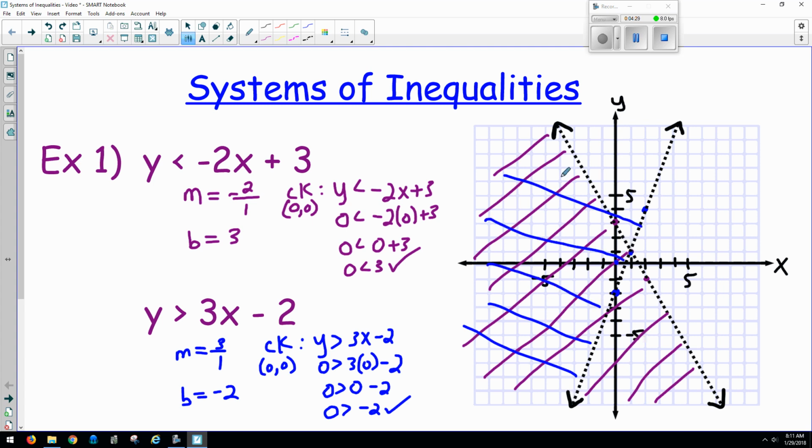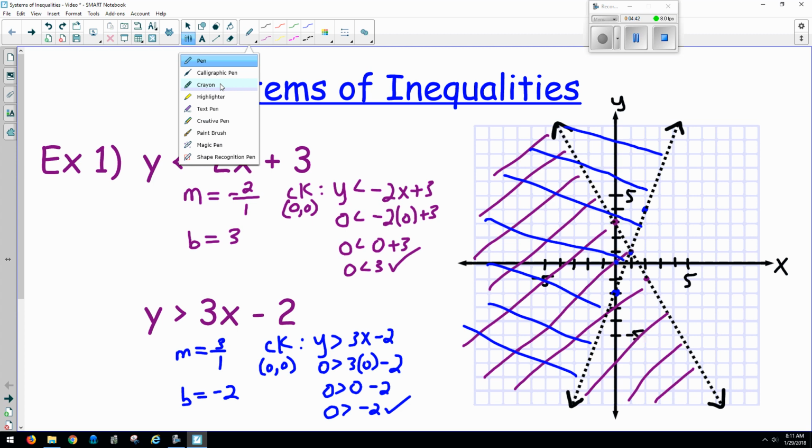So the solution of this system of equations, or of inequalities, is wherever the two shades overlap. So I am actually going to see if I can just highlight that section. So we can see all in here is where the two shades overlap.